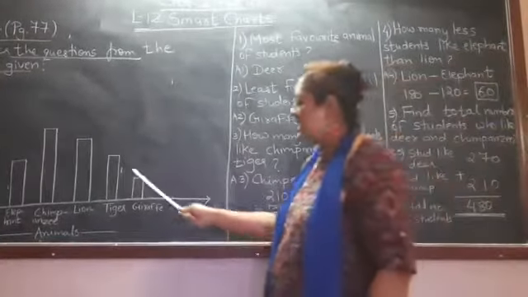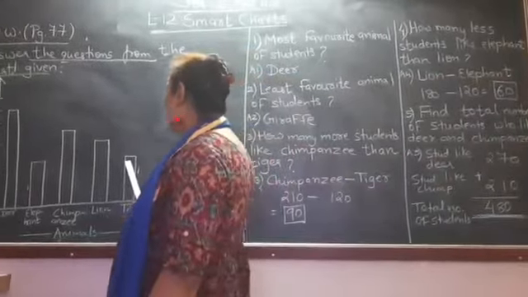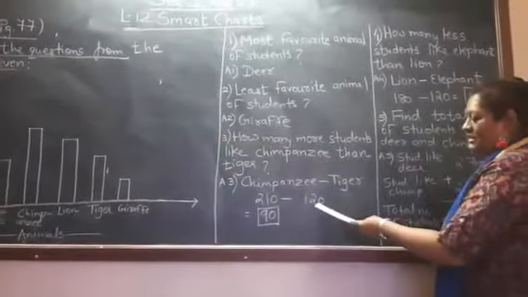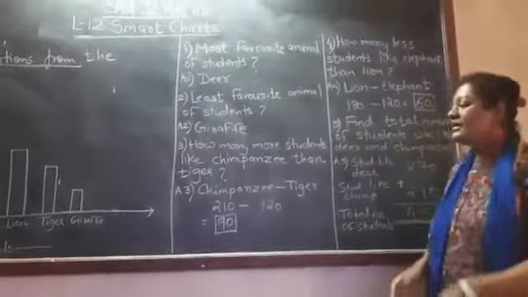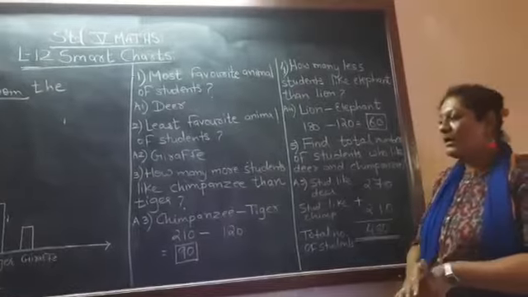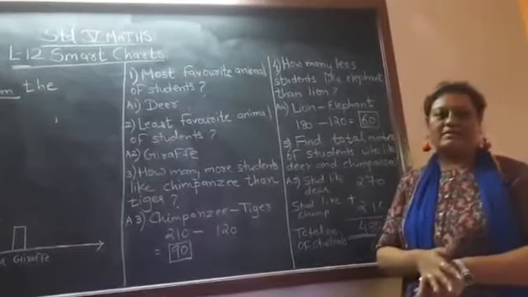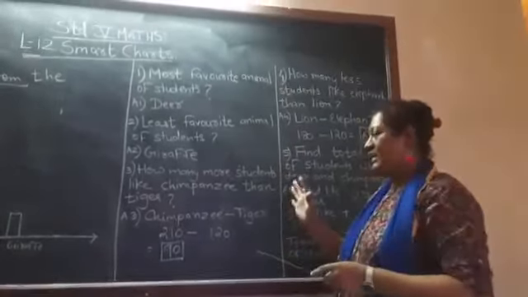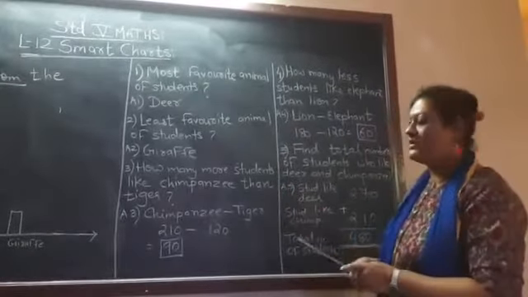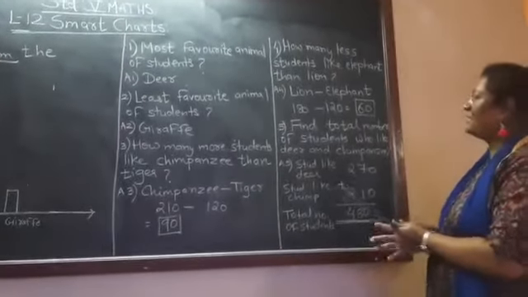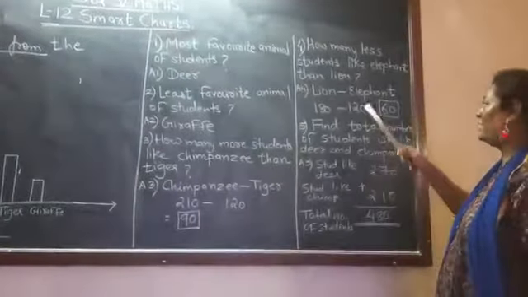Tiger is liked by 120 students. So 210 minus 120 is equal to 90. There are 90 more students who like chimpanzee than tiger. When we compare the animals, we have to go with minus. Comparison always gives a minus in performing arithmetical operations.